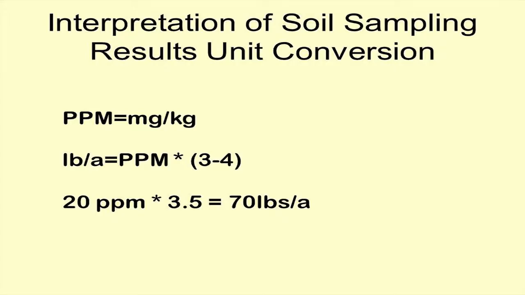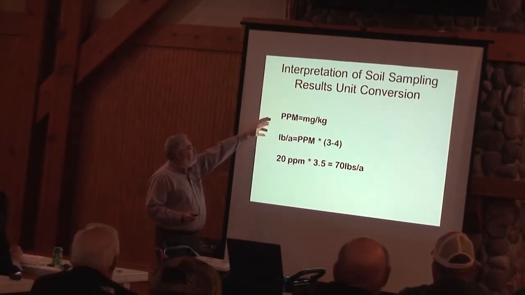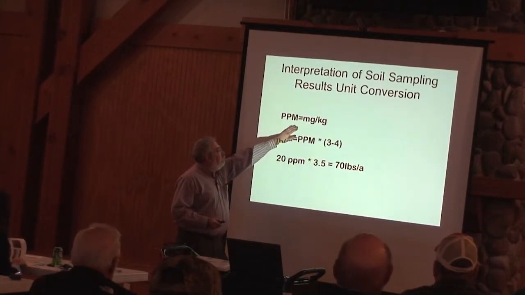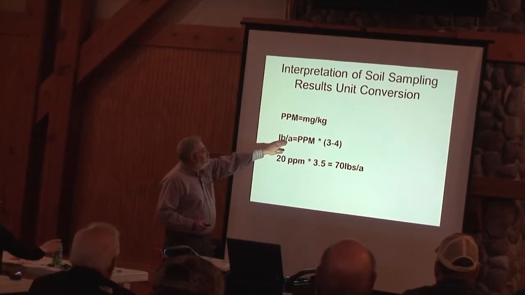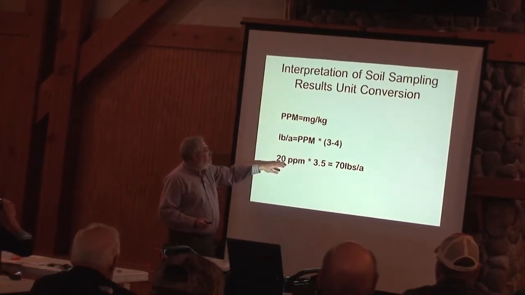Interpretation of the soil results. This is really important because what lab you use will depend on what you're dealing with. So I've got a little math here, and it's either measured in parts per million or milligrams per kilogram. Some labs will give you pounds per acre, and there's a multiplier between 3 and 4.